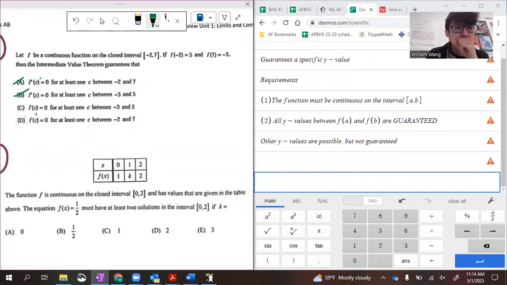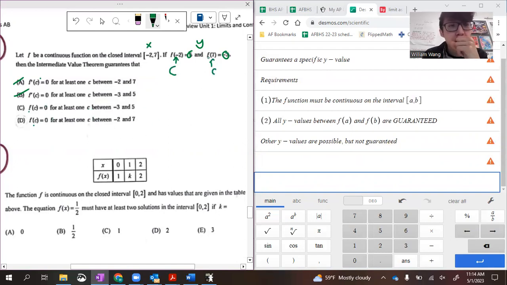All right, well, here, C and D both are saying that the value of 0 is guaranteed. Well, if my function goes from the y values, so between -2 and 7, these are x values, right? My y values are 5 and -3. Well, 0 is between those, so yes, my y value of 0 is guaranteed. Now it says for at least one c between -3 and 5 or between -2 and 7. Well, when they say c, this is my c value.